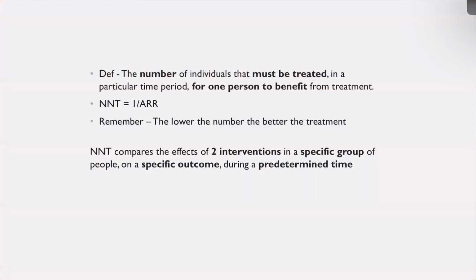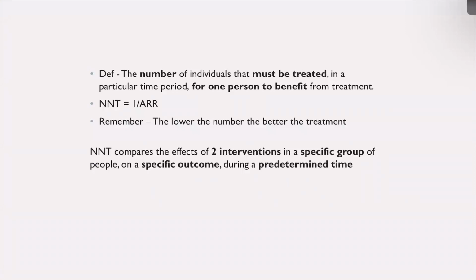Now, number needed to treat. Whenever you're doing a randomized controlled trial, number needed to treat and number needed to harm become very important. We'll see why. It is the number of individuals that must be treated in a particular time period for one person to benefit from treatment.